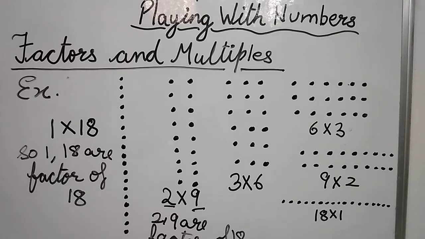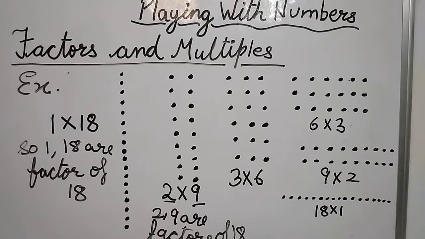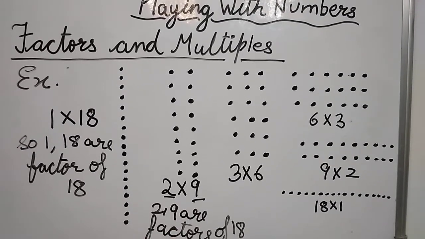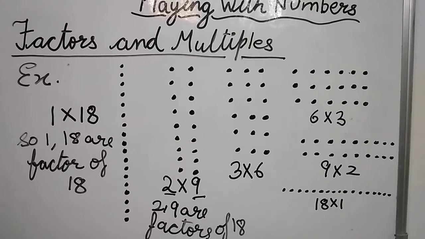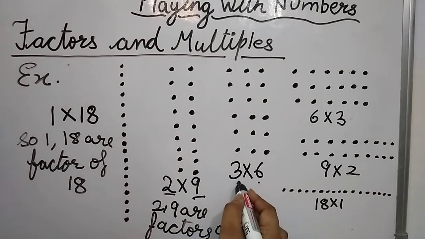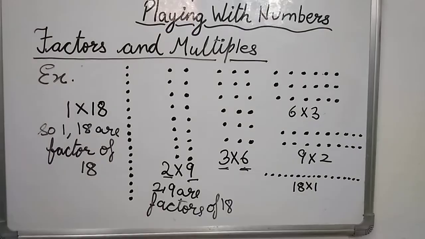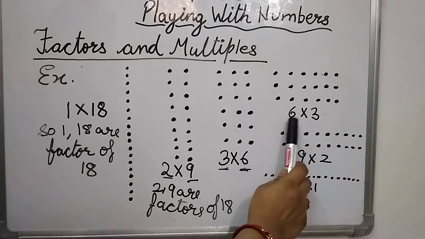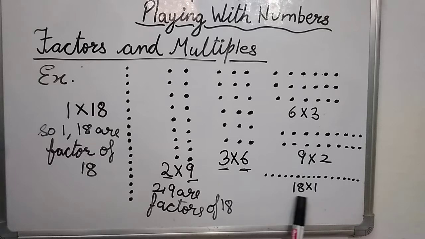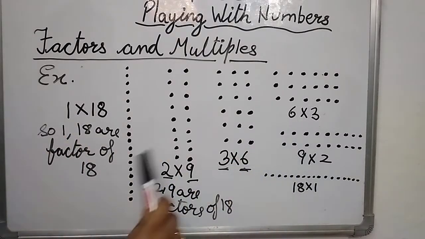In the same way, 3 and 6 are factors of 18. These 3 and 6 are also factors of 18, because these are all the numbers which can divide 18 exactly. 6 multiplied by 3, 9 multiplied by 2 and 18 multiplied by 1 are giving the same numbers again.